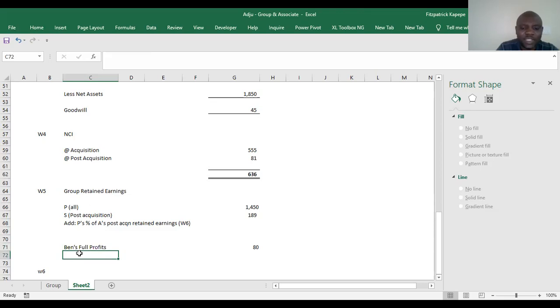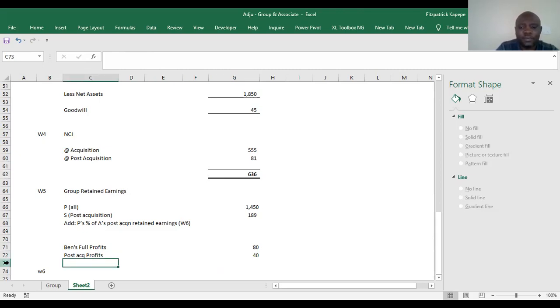But then the post-acquisition profits will be this 80 divided by 2, right? Because it's just the last half of the year.